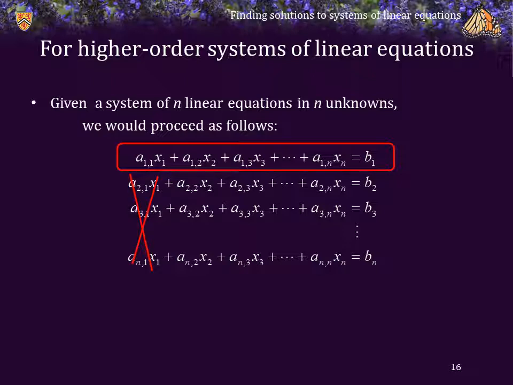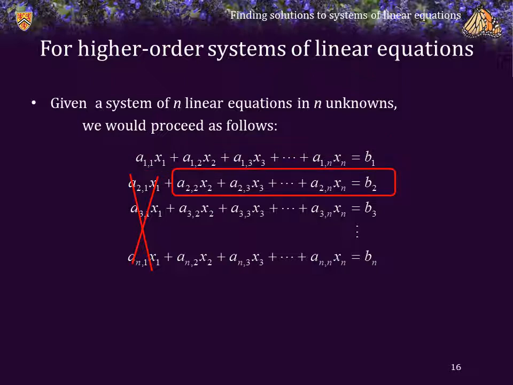Now if we ever added another scalar multiple of equation 1 onto any subsequent equation, we would reintroduce x1. So we don't want to use equation 1 anymore. Instead, we move on to equation 2.